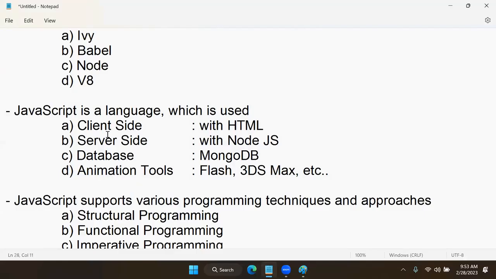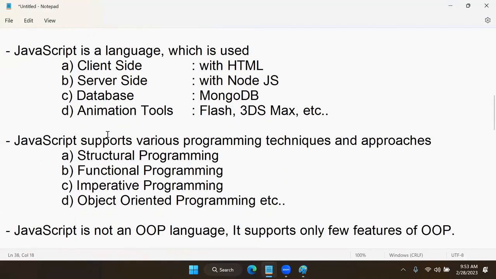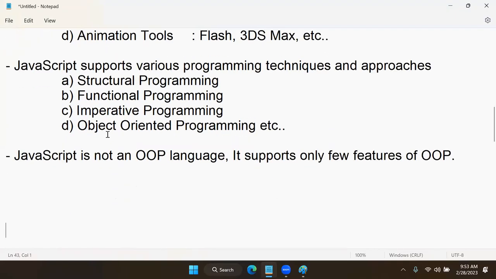And JavaScript is not just a client-side script. JavaScript is a language which is used client-side, server-side, in databases, and in animation tools. JavaScript is not an OOP language, but it supports several features of OOPs and several other programming approaches, like functional programming, structural programming, and different types of programming approaches.